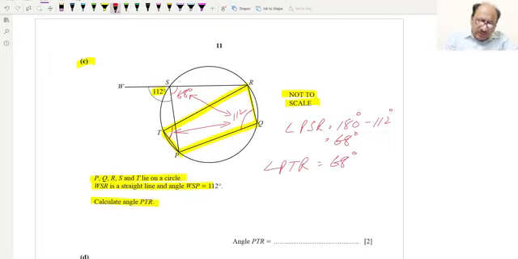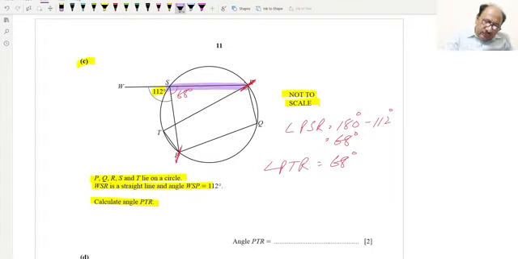You can understand it like this, or you can understand it in another way also. If this angle is 68, from here we can directly reach it. This is an angle on this arc, and there is another angle on the same arc, which is this one.